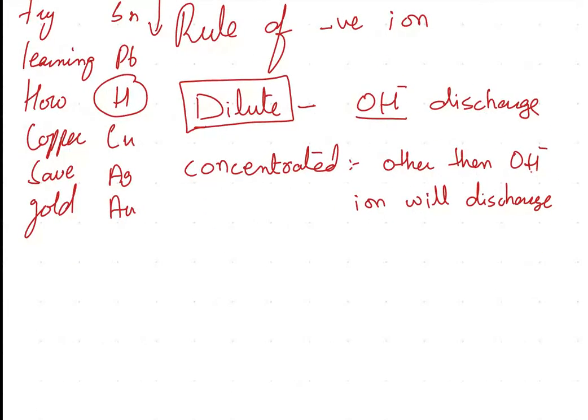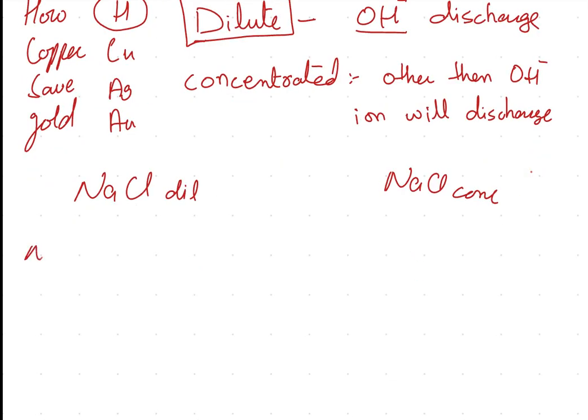So for example, if we have the solution that is NaCl diluted and NaCl concentrated. So here what we have, the Na positive, Cl negative, H positive, OH negative.